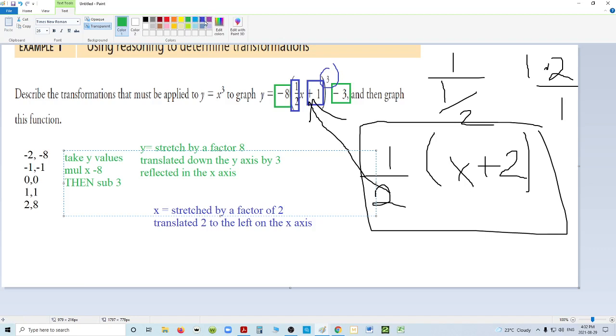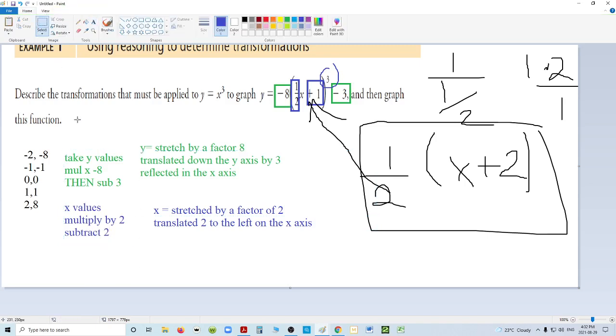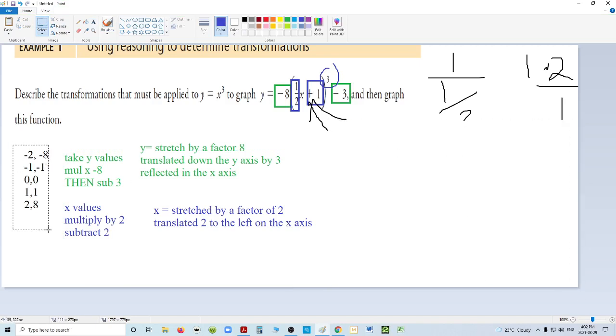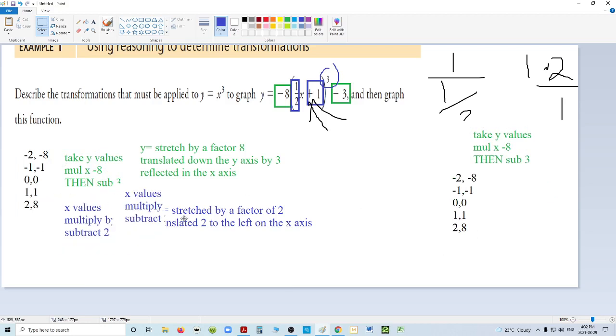Well, all my x values, I'm going to multiply by positive 2, and then subtract 2, not add 2, subtract 2. So that means if you know your parent functions, which you do here, and you take your parent coordinates, and you put the rules, and make sure you get the rules for the right, y's on the right, and x is on the left.